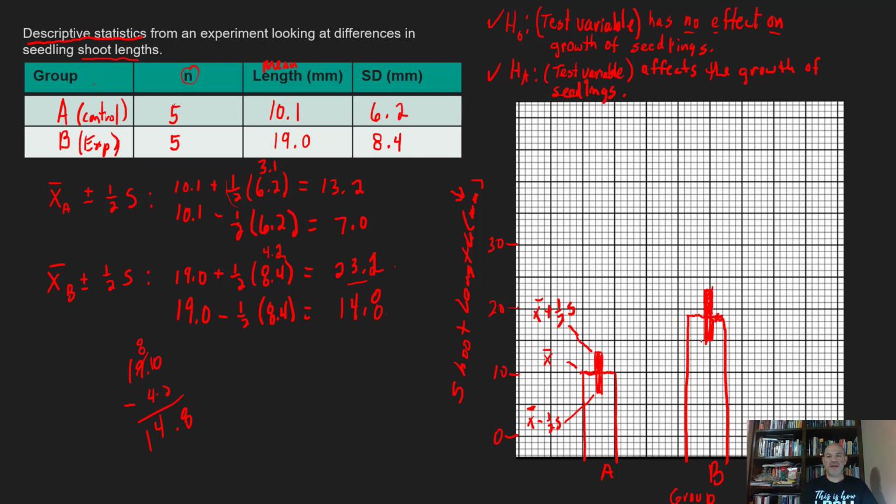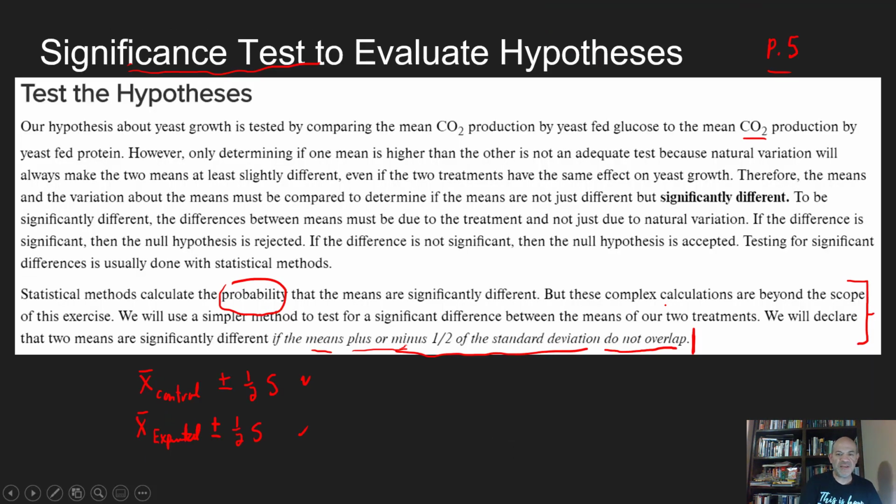Now, if I draw a dotted line coming all the way this way, you can see that that low part does not overlap with the high part of the next one. So the two error bars do not overlap. And according to what it says here, if the mean plus or minus 1/2 standard deviation do not overlap, then we say that the means are significantly different.